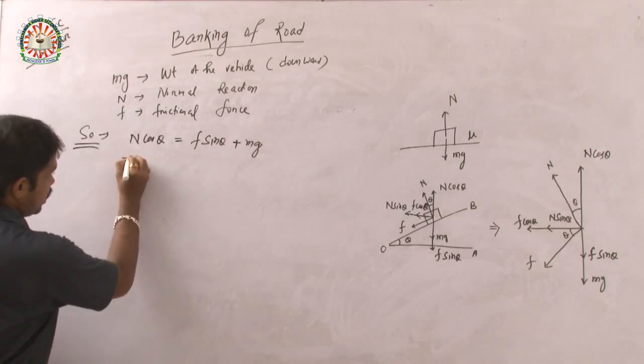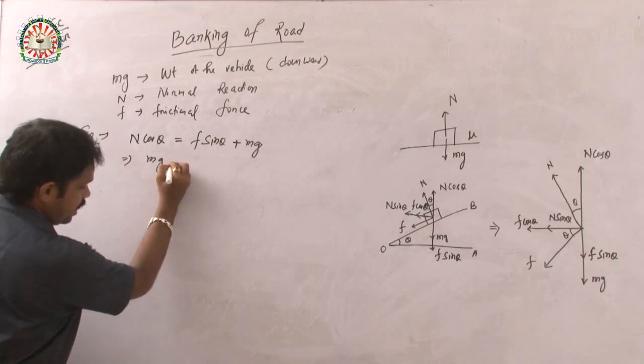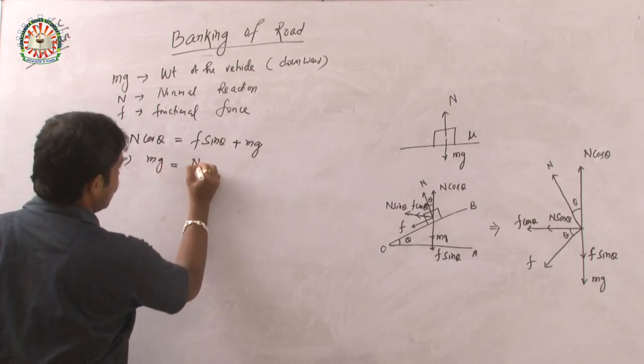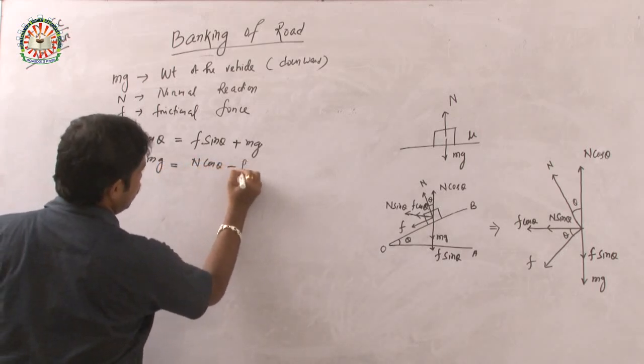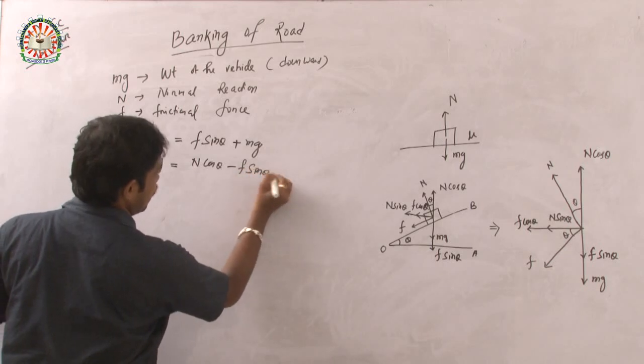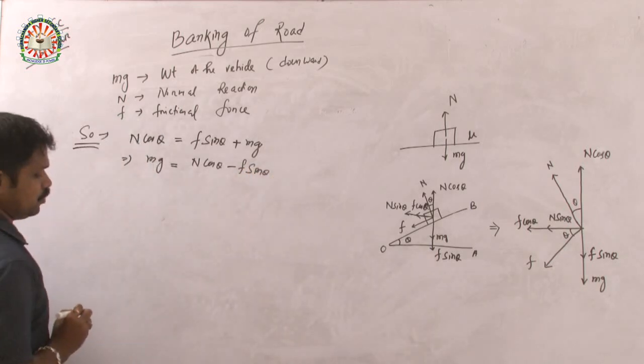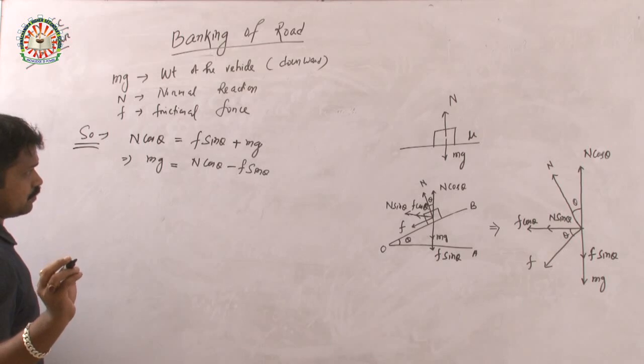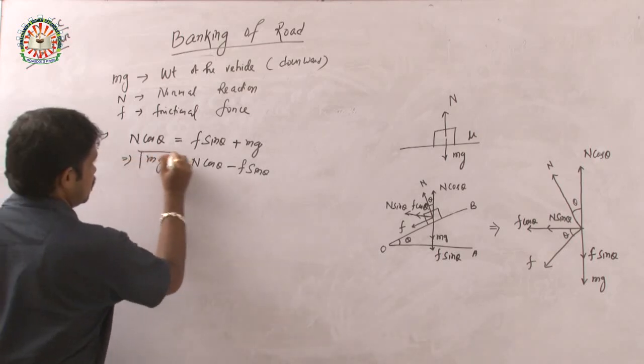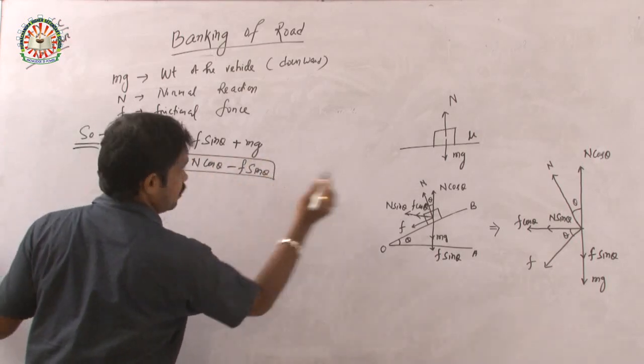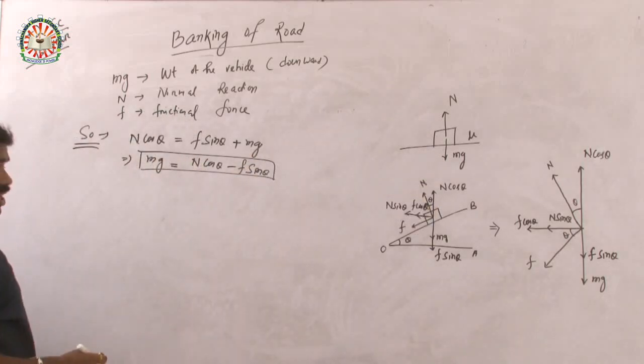Clear? So that implies I can write mg is equal to n cos theta minus f sin theta. Clear all of you? This is the equation I get from the vertical components.